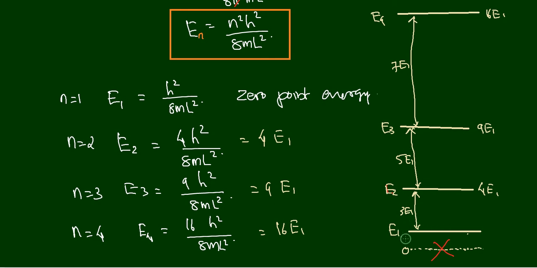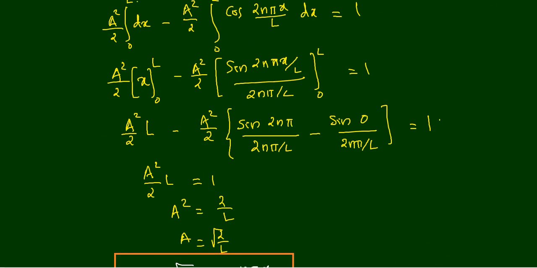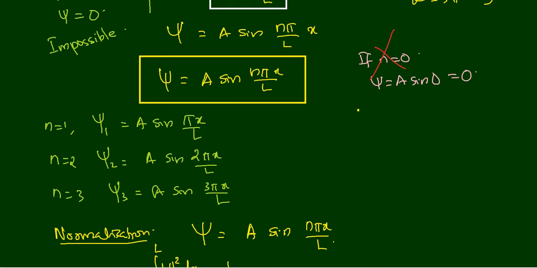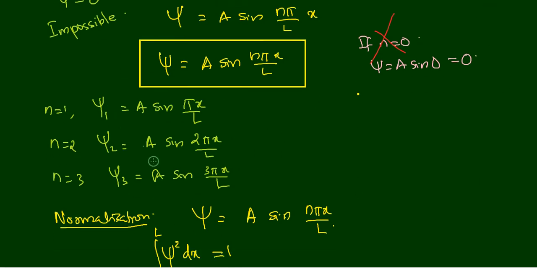So if the particle is in the ground state, it will try to stay in this E1 state. N equal to 1 represents a state, and that state is represented by psi 1. What is psi 1? Root of 2 by L sine pi x by L. That is equal to psi 1.